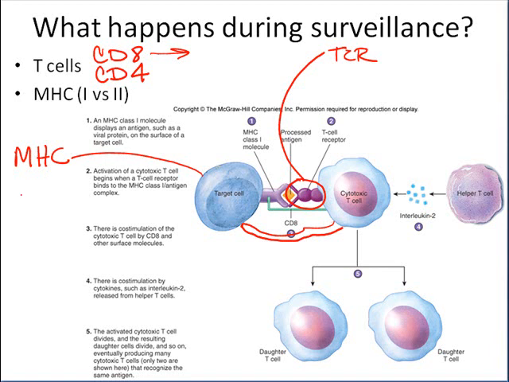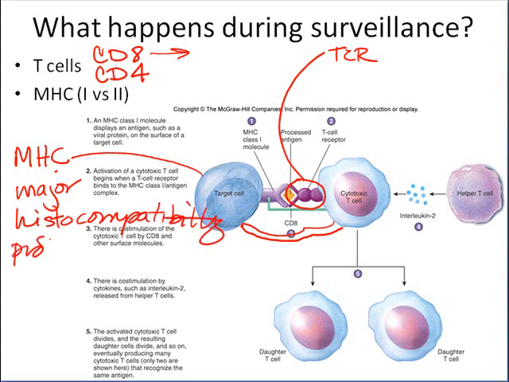MHC stands for major histocompatibility proteins, or major histocompatibility complex, MHC. And these are also sometimes called, particularly in anthropology books, human leukocyte antigen groups, or HLAs, but it's the same thing.